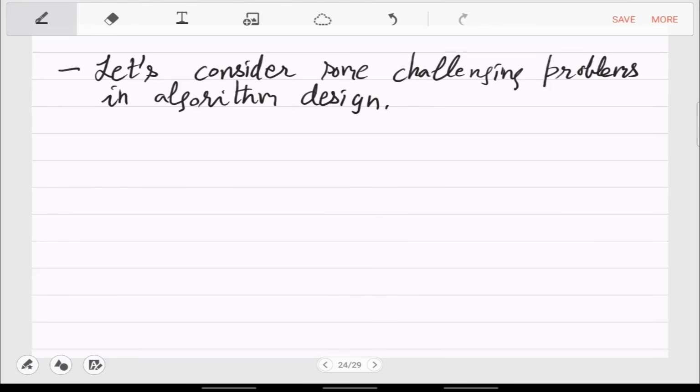We'll see some examples which are quite difficult. These are difficult problems, especially to solve asymptotically faster. But as you see their solution and the design, you will learn some new things, more advanced ideas. So the first problem is max sum subarray.